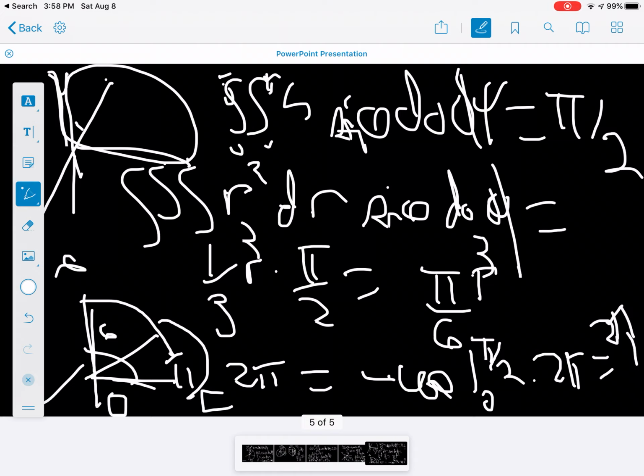And with the radial part, we're going to get 2/3 pi r cubed. For a hemisphere, going halfway around, well, sorry, it should only be pi actually. This is kind of confusing, but that's the idea.